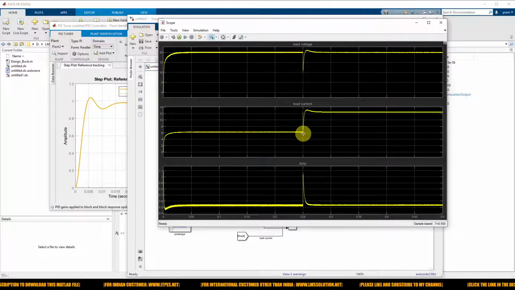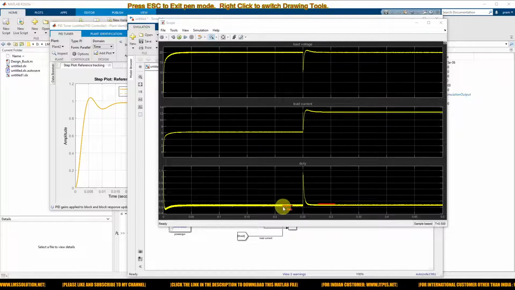After changing the load from 50 percent to full load, the voltage goes to some level and then comes back to 20 volts, and the load current is maintained at 12.5 amps. Also, because of the change in load condition, the duty cycle changes from this point to this point. Some variation occurs in the system. So this is the variation of load voltage, current and duty cycle for a sudden load change.